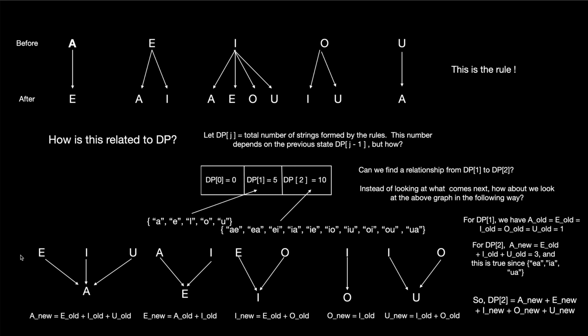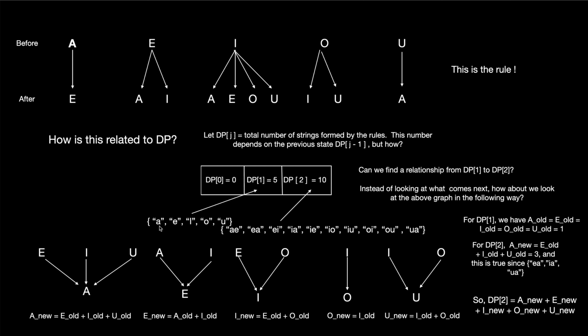We are looking at the previous state, and if the previous letter ends with E, then the next one must be A. If the last character of that string ends with I, then the next one must be A. Same thing, if the last character of that string ends with U, then the next one must be A. So here I'm not changing anything. Think of this as moving this guy into here.